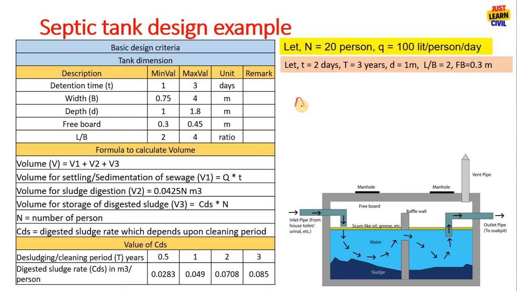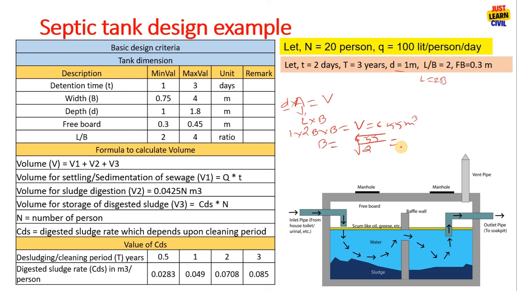Now we have volume. We know depth into area equals volume. D is the depth. For area, we have L into B, and we know the L by B ratio equals 2. So L equals 2 times B. Input here, 2 times B into B into D equals V, and we have assumed depth as 1 meter. So 1 into 2 into B squared, and we have volume 6.55 cubic meter. Now from this equation you can find the value of B, which is the square root of 6.55 divided by 2.